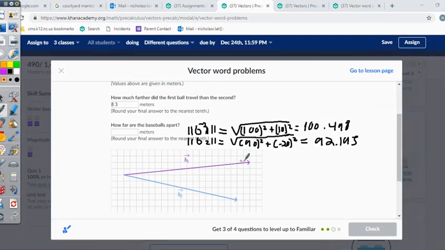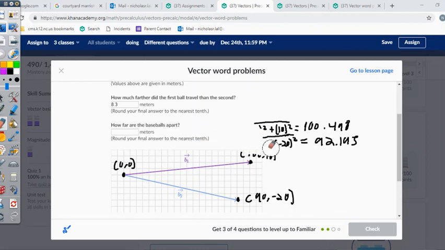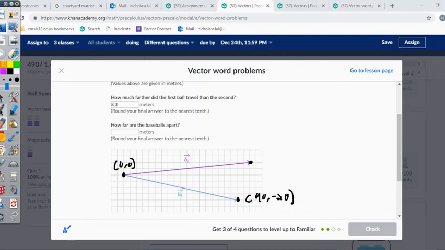If you start at 0, 0, which will make things a lot easier, this point would have coordinates of 110, 10, and this point would have coordinates of 90, negative 20. So to find the distance between the two baseballs, that's just this distance right here.